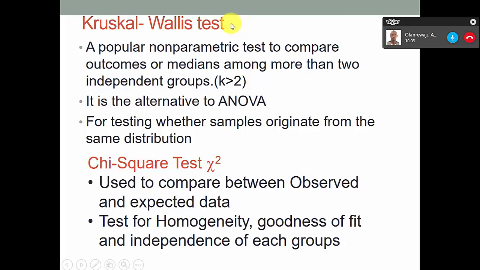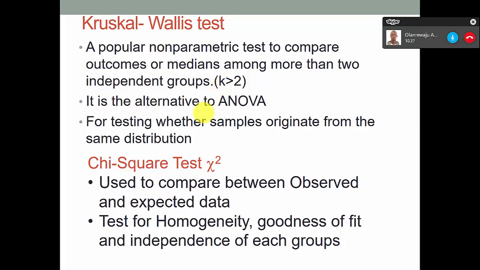So Kruskal-Wallis test is a popular non-parametric statistic to compare outcomes of medians among more than two independent groups. That is, K greater than 2 means that whenever you have independent groups that are more than 2, then you have to consider using Kruskal-Wallis.